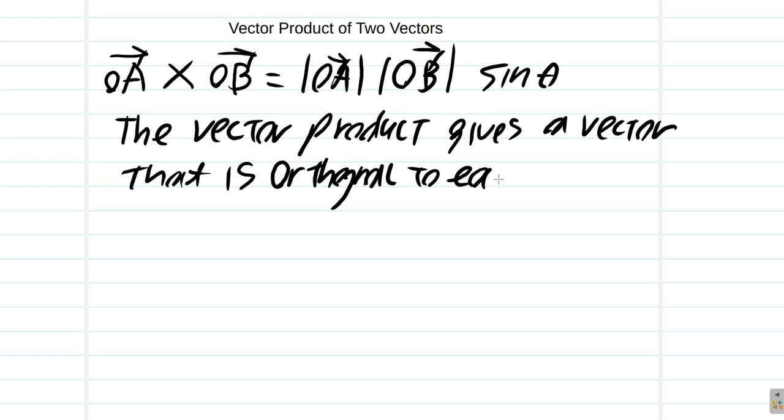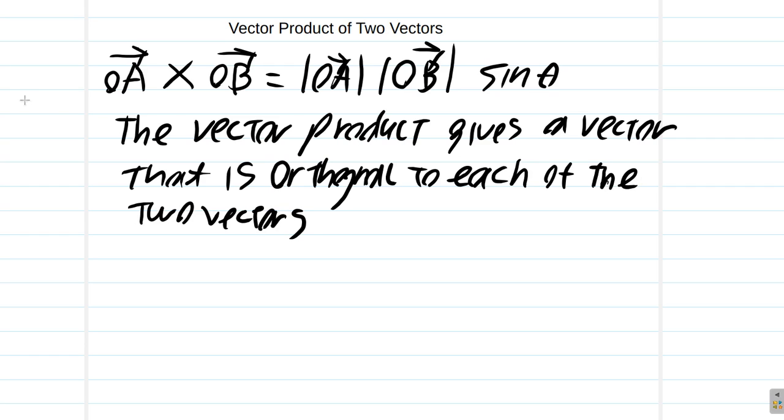To each, it gives a vector that is perpendicular to each of the two vectors. What I would say is it gives a third vector. Let me put third here. It gives a third vector that is orthogonal to each of the two vectors, 90 degrees.